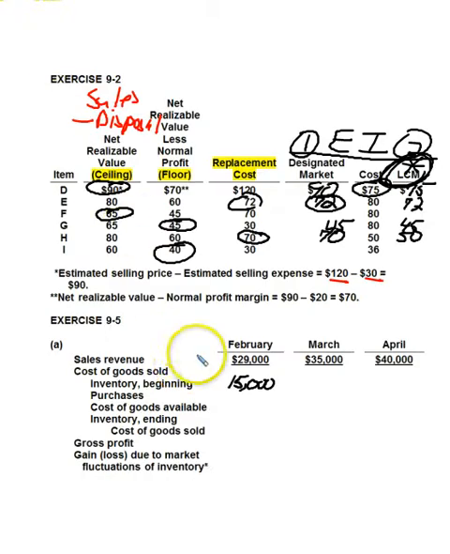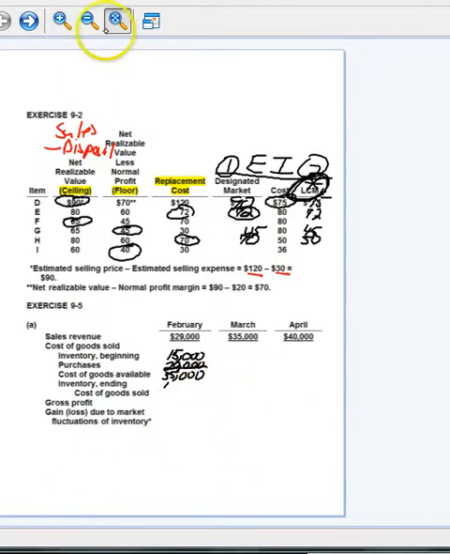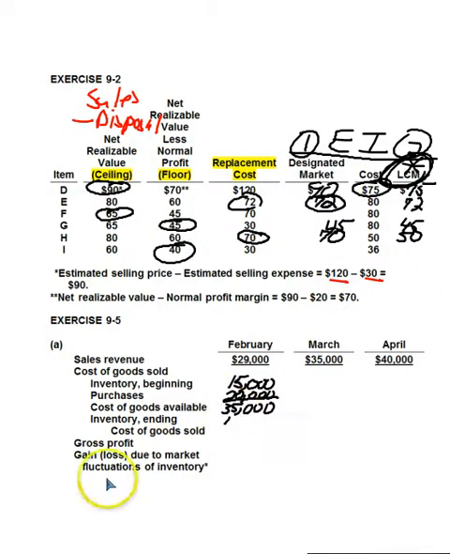So I'm just going to plug all of that in. 15,000 plus purchases of 20,000 gives us goods available for sale of $35,000. And then if we subtract the ending inventory of 15,100, then we get our cost of goods sold of 19,900.